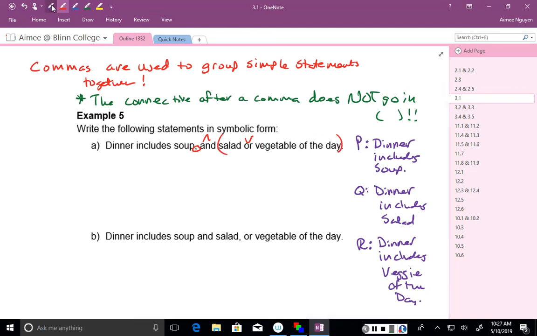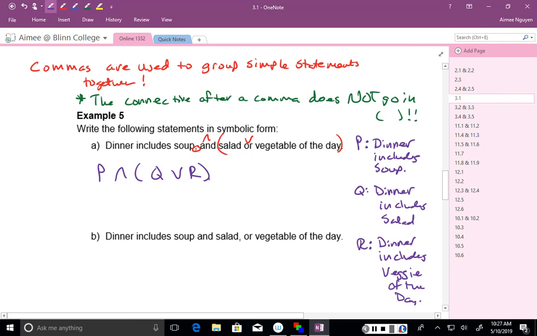When I write this symbolically, P is dinner includes soup, so that will go first. And that's my conjunction. And then I put my parentheses. Dinner includes a salad, that was Q, or that's my disjunction. Dinner includes the veggie of the day, and that's R.